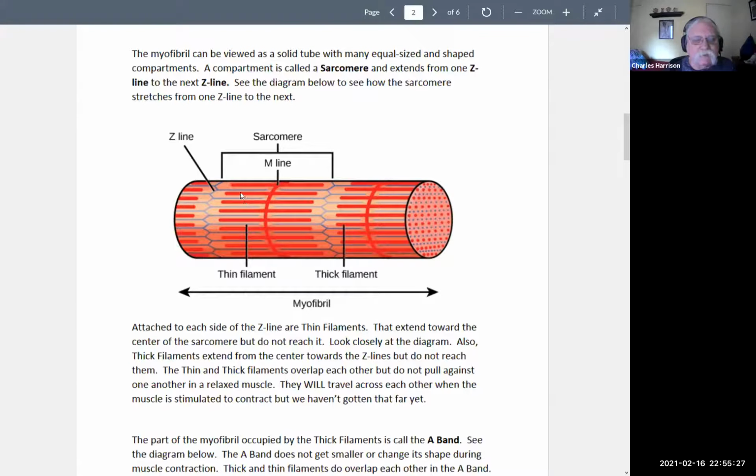The thick filament does not touch the Z line. Okay. In the relaxed muscle, the thin filament does not touch the M line. It's just as it's drawn. Now that will change when we contract the muscle.